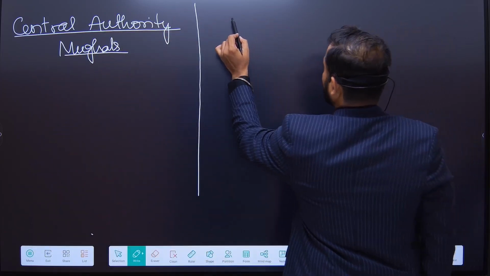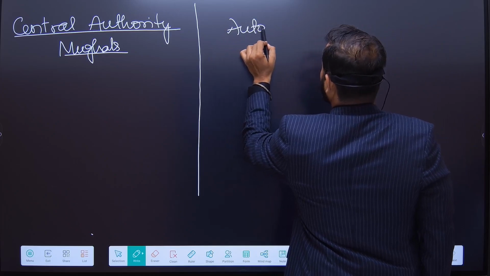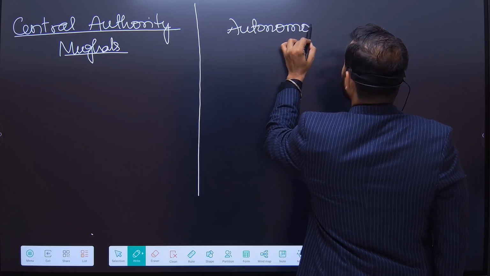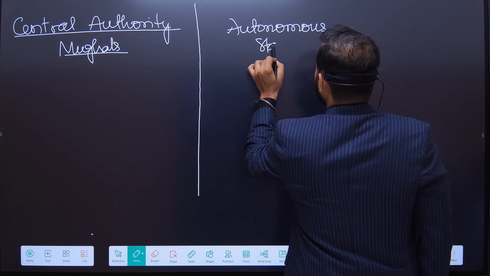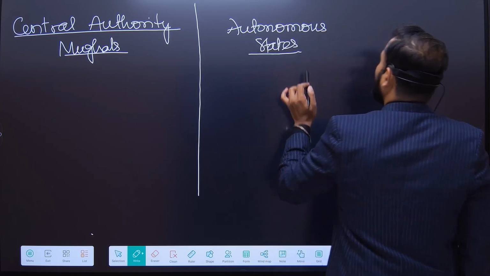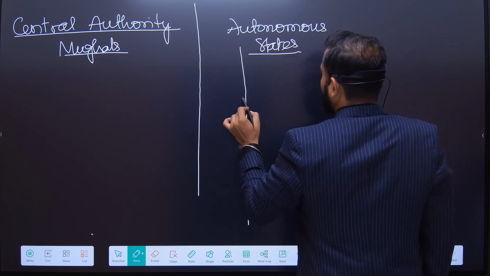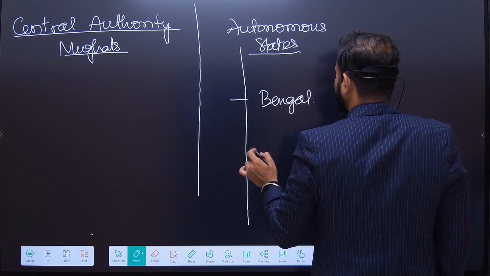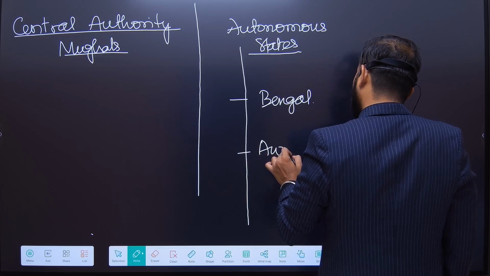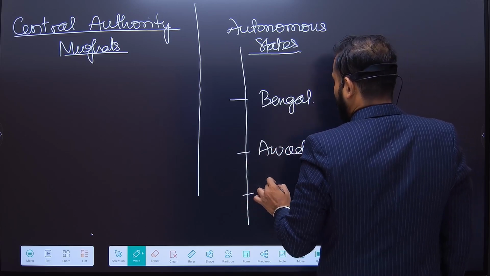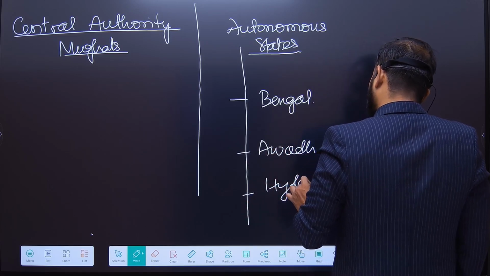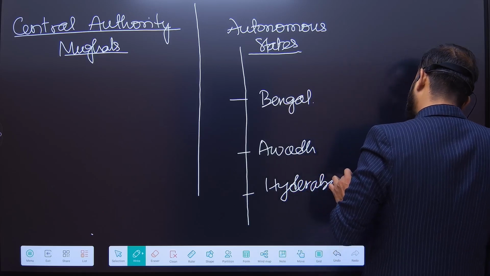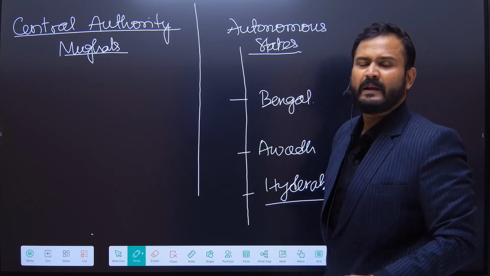Apart from the central authorities, we have the autonomous states. Autonomous states have the components Bengal, Awadh, and Hyderabad.